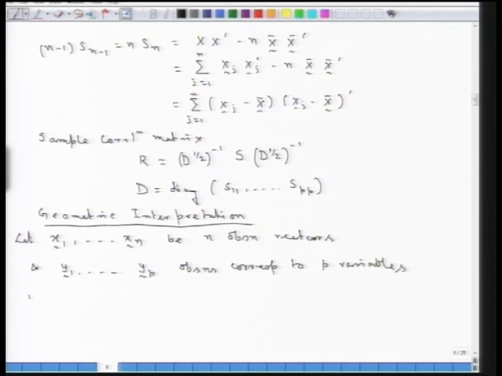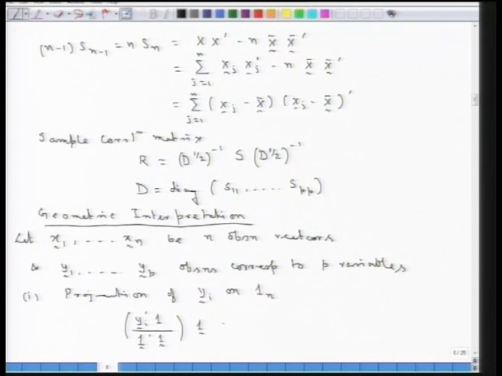Now if we look at the projection of any yi vector on 1, the projection on In is going to be given by yi prime 1 divided by 1 prime 1, this multiplied by this 1 vector.